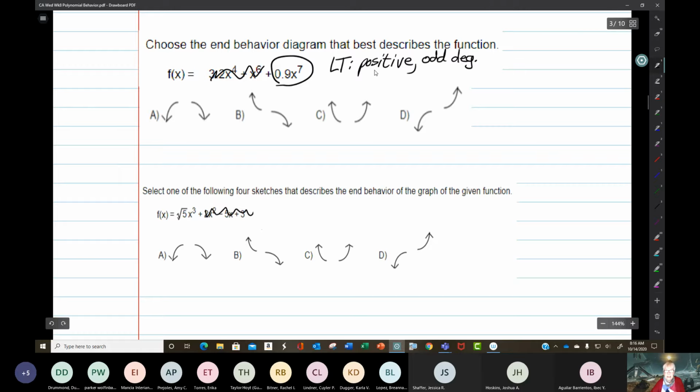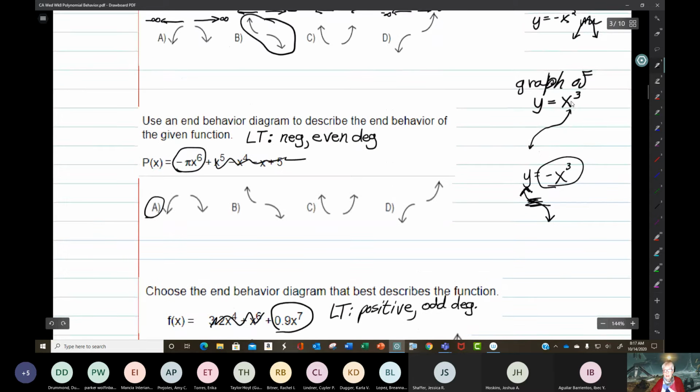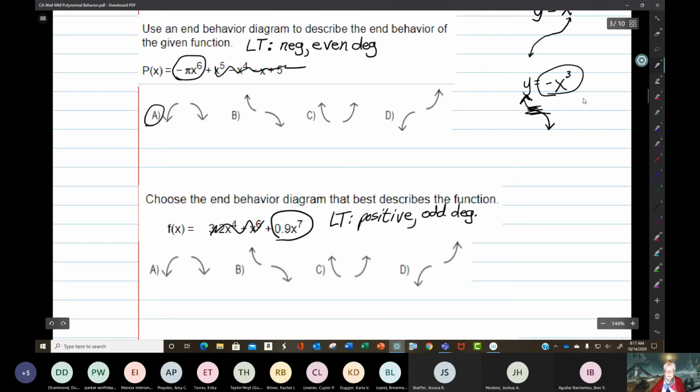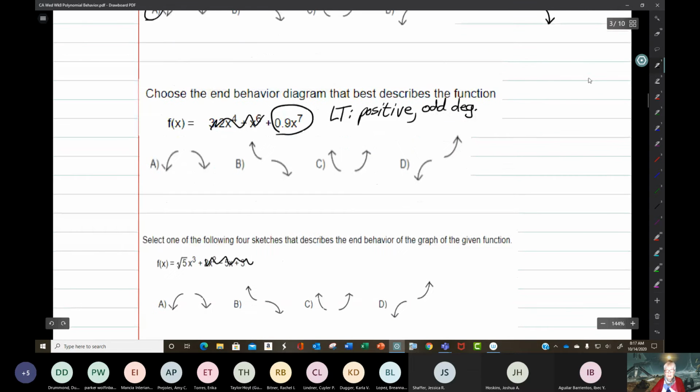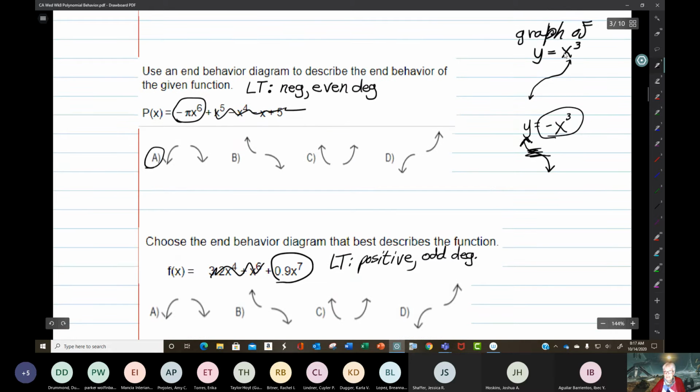Since it's positive, it's going to look like y equals positive x to the third, which means it goes up on the right and down on the left, way out at the extremes. So up on the right and down on the left, just like y equals positive x to the third.